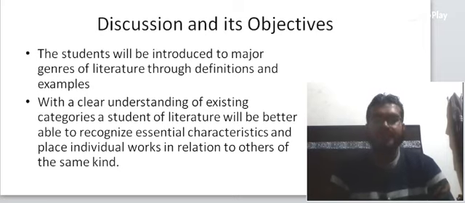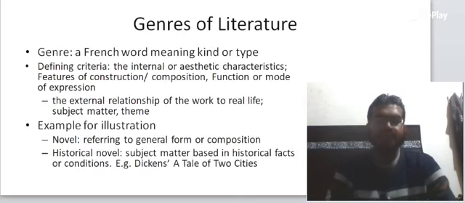So as I said earlier, it will allow you to be familiar with the bones of different types of literature. It will help you develop basic knowledge of what these different types are and how they differ from each other.